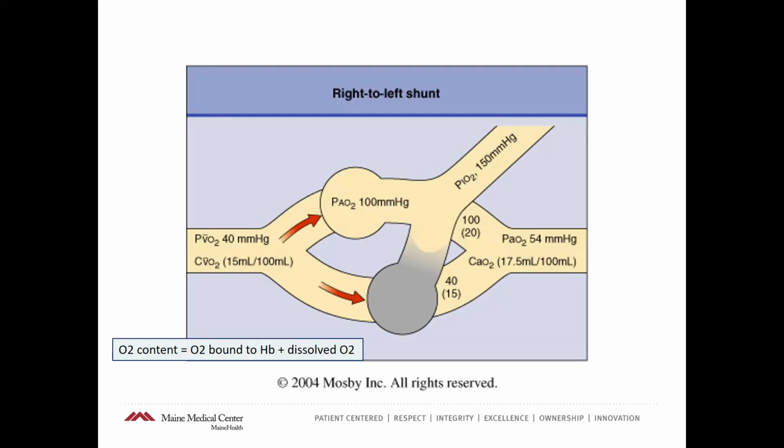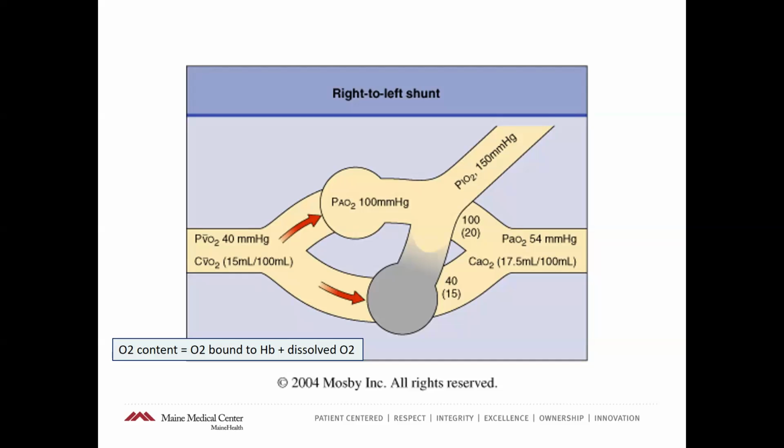And it goes past the first alveolus, which is doing fine, PO2 of 100. When it comes out the other end of the capillary bed, PO2 is 100. It's fully saturated, just like you would expect. Goes past this alveolus that's completely plugged up. Nothing happens. There's no way for gas exchange to take place. So the PO2 is still 40 over here.